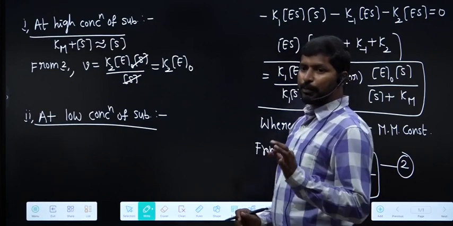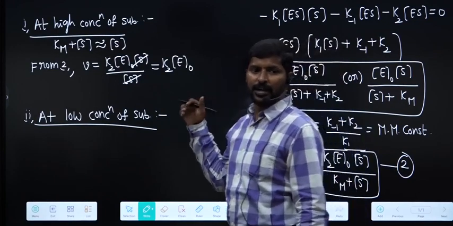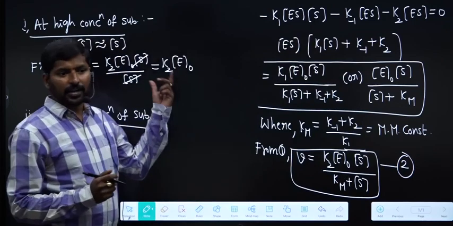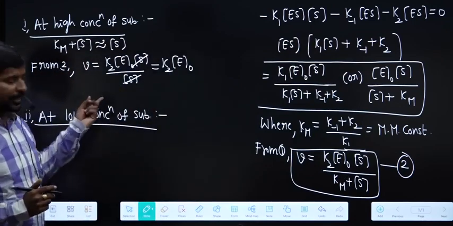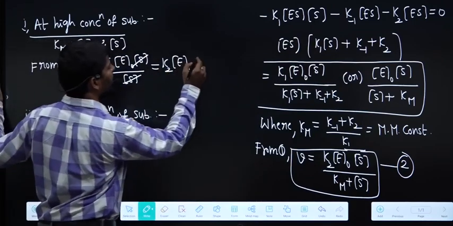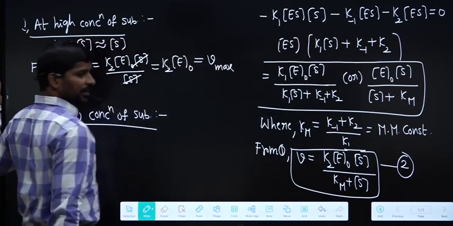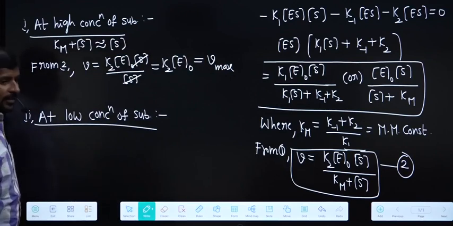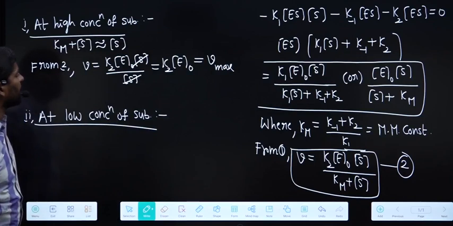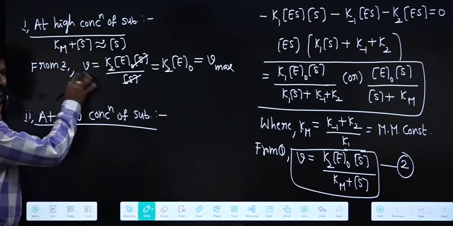So the rate obtained at high concentration of substrate is high. At high concentration of substrate we will get the maximum rate. That's why K2 into E naught is also called Vmax. So which order kinetics does it follow?